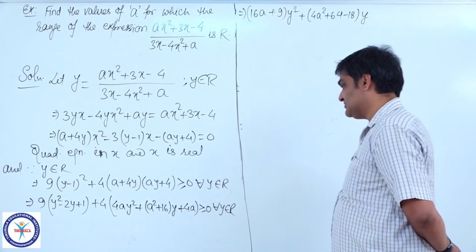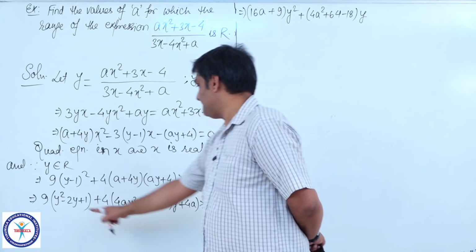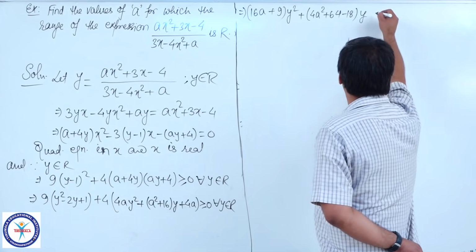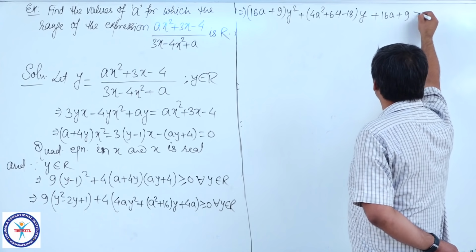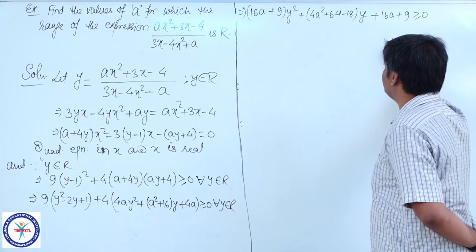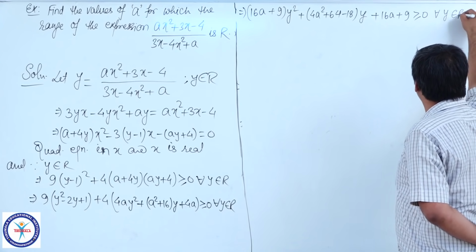And what about the constant term? 16a plus 9. This should be greater than or equal to 0 for all y belonging to R.